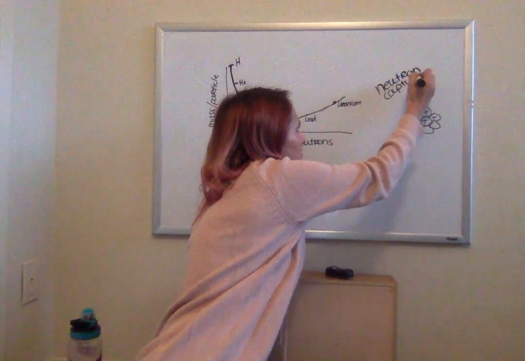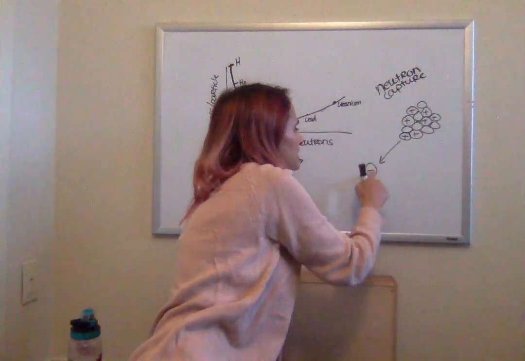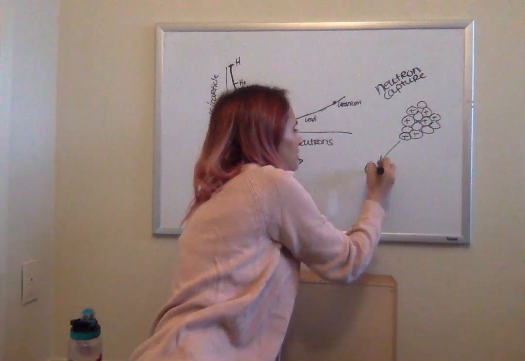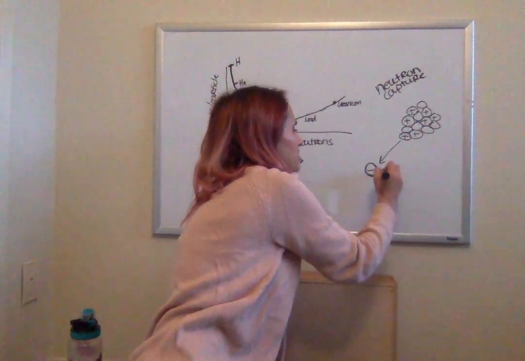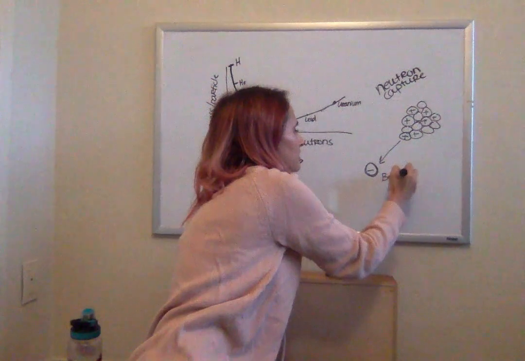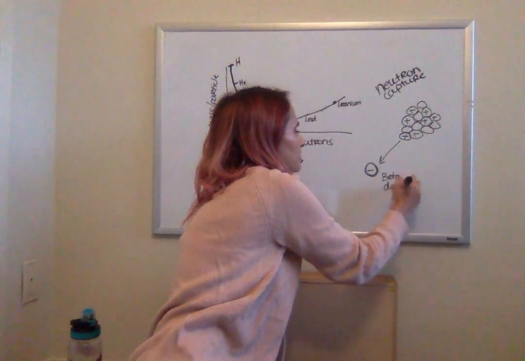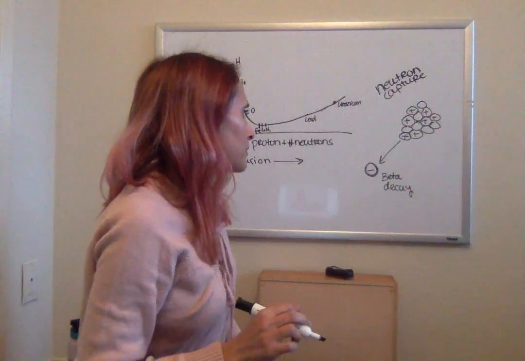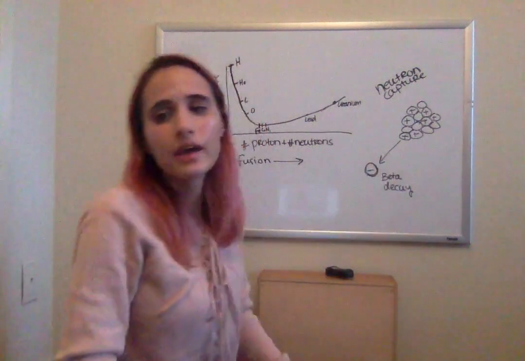And then this process here, where the neutron turns into a proton and an electron, this is called beta decay. Right? And this really only happens when you have extra neutrons floating around.